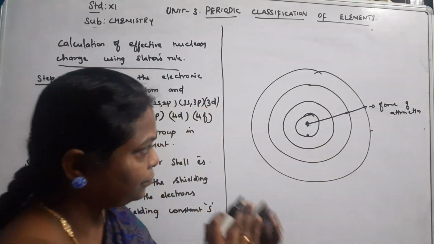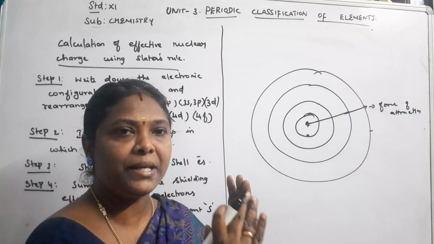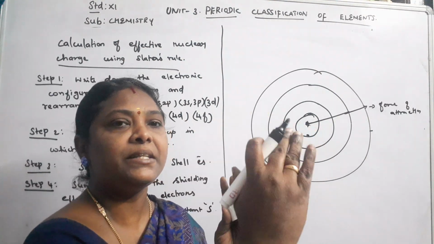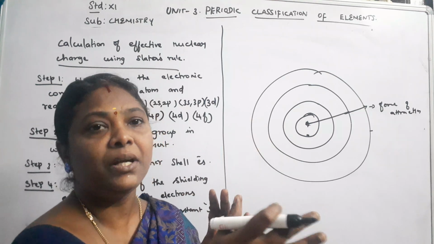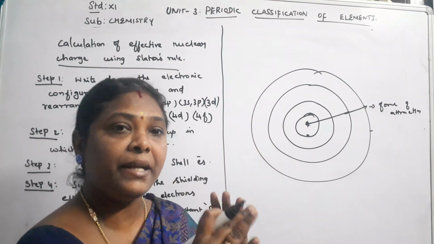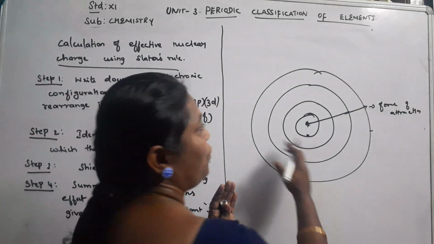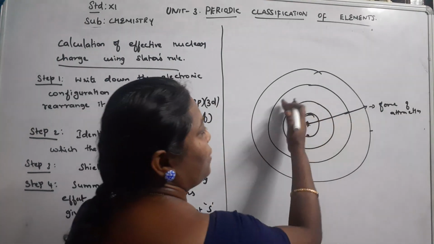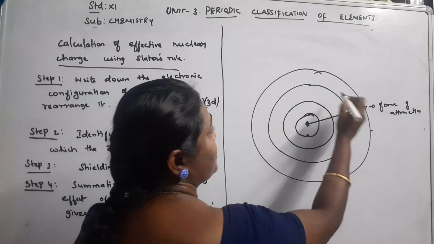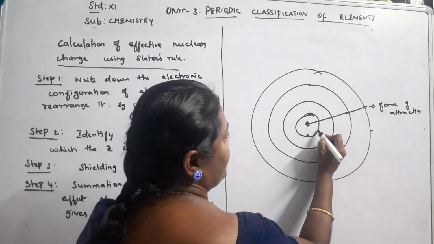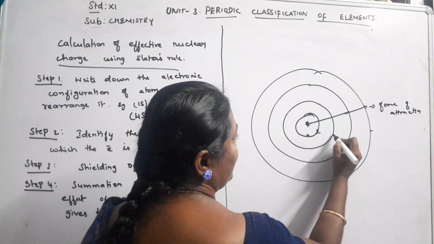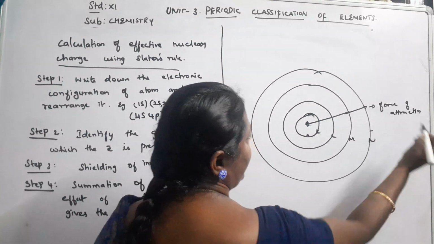Already you know that if the distance between the nucleus and the electrons present in the outermost shell increases, there occurs less force of attraction. That means the force of attraction decreases. Now, these are the inner shells. Therefore, there occurs a greater force of attraction for the first shell. Let us consider the K shell, L, M, N and so on.